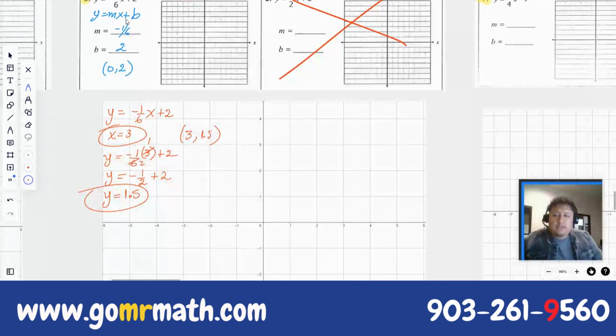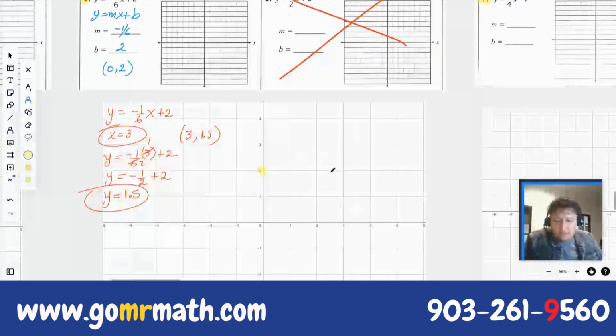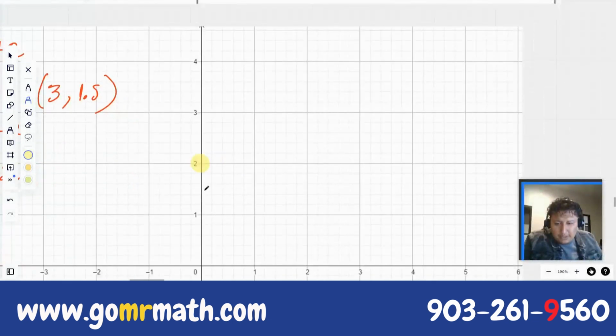That is my point. 3 on x, 1.5 on y. Now, take a look that the slope in here is negative. So if we have a negative slope, it is slanted to the left. So first point is going to be 0 and 2. 0 on x, 2 on y, right? And the second point will be 3, 1.5. So 1.5 seems to be around here, this level.